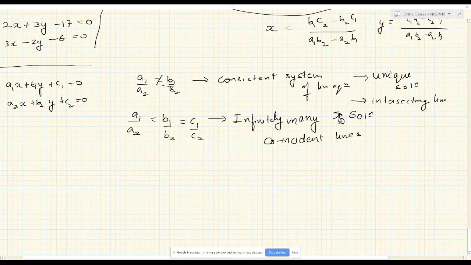Okay, and then the third criteria is a1 by a2 equals b1 by b2 not equal to c1 by c2, parallel lines.